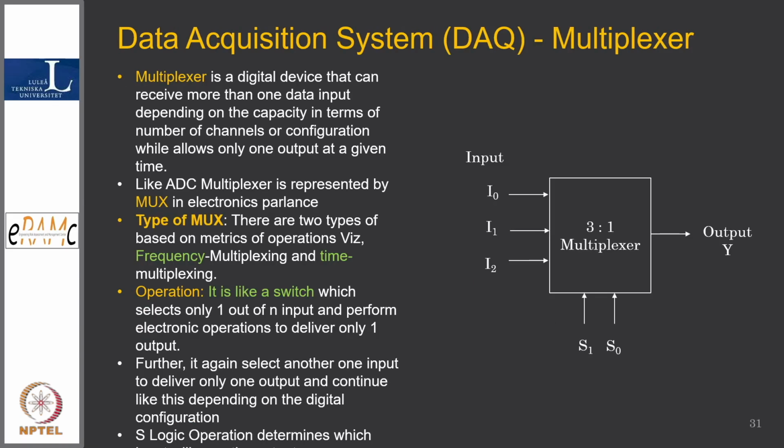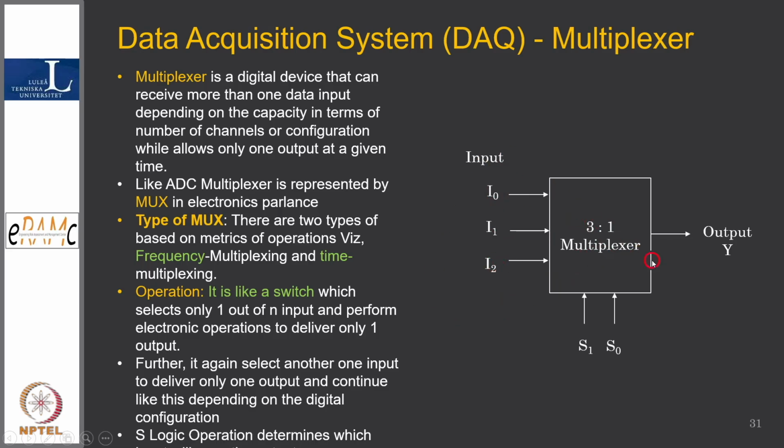Now, in a data acquisition system, the third component is a multiplexer. It is very interesting how it takes inputs, how it generates output, and how that is fed at the output node. Let us say this is a 3:1 multiplexer; they are talked of like this. If it is 4 inputs, then 4:1, and so on up to n:1.